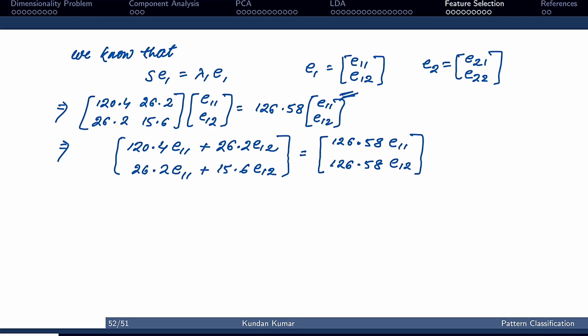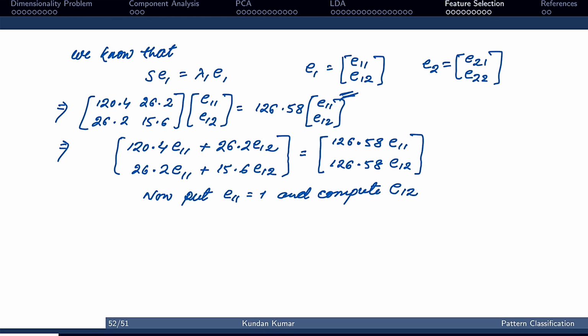Now, put E11 equal to 1 and compute E12.